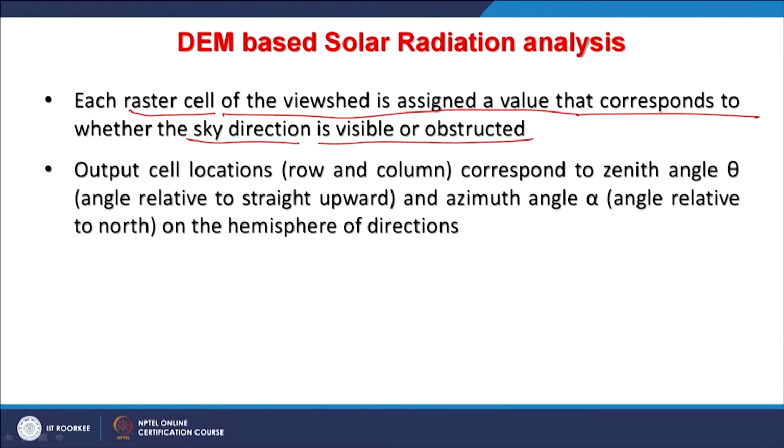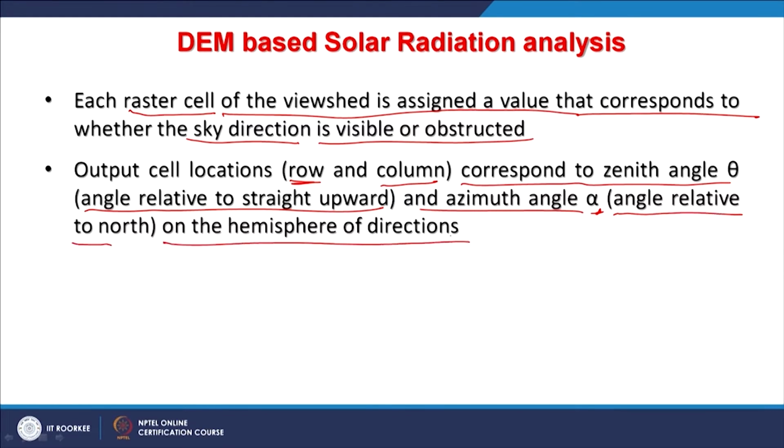Then the output cell locations, that means the rows and columns, correspond to the zenith angle, that is theta, which is the angle relative to straight upward, and the azimuth angle, alpha, which is the angle relative to north on the hemisphere.